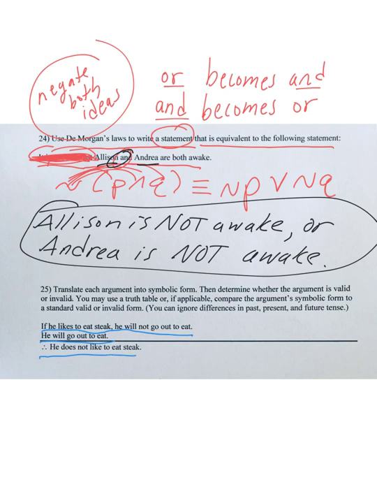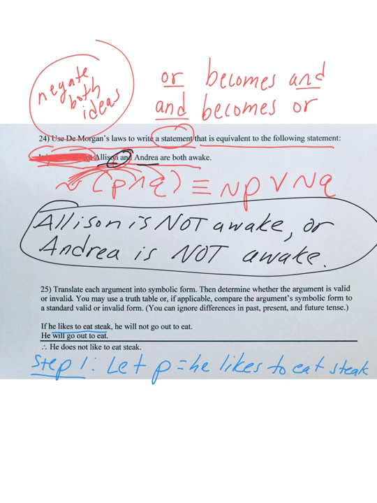So there are 3 steps to this one. Step 1, we're going to assign letters. Let P represent the first idea, which is he likes to eat steak. The second idea, Q, is he will go out to eat.